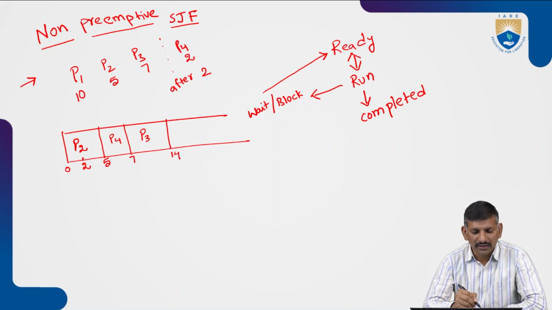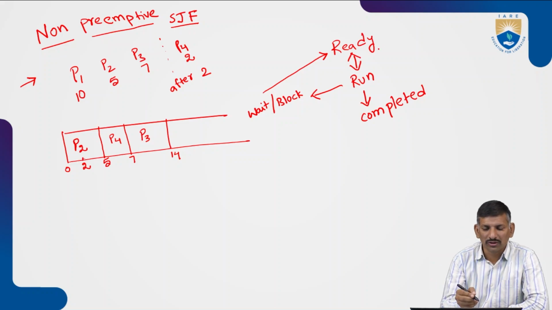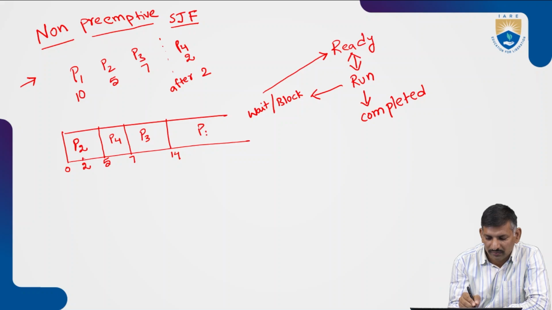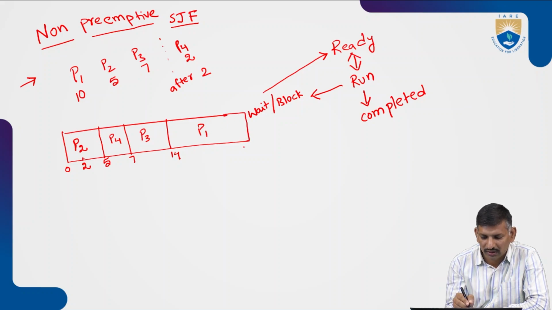At the 14th millisecond, the scheduler checks the ready state. Only P1 is available, so it is scheduled for execution. Its execution time is 10 milliseconds, so total 24 milliseconds.